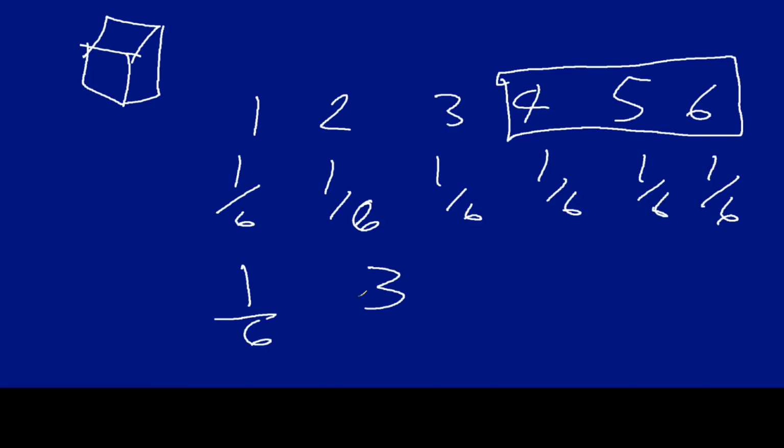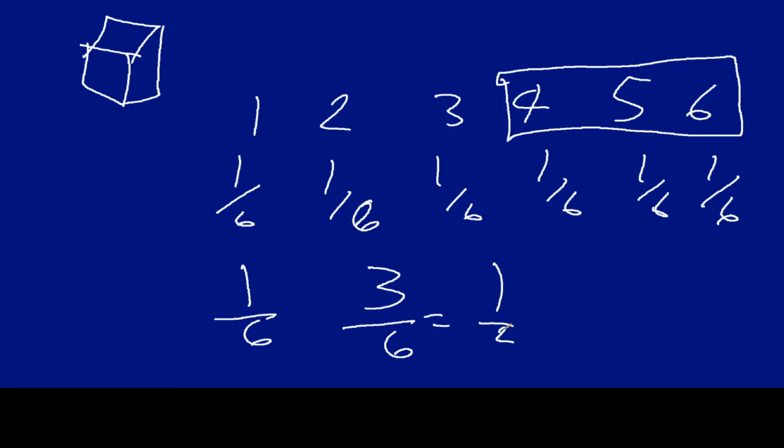However, the total number of my sample space is still 6. So 3 out of 6, like so. And then this reduces down to 1 out of 2. So there's a 50% chance that when I roll this dice, I will get a number bigger than 3. That is how that works.